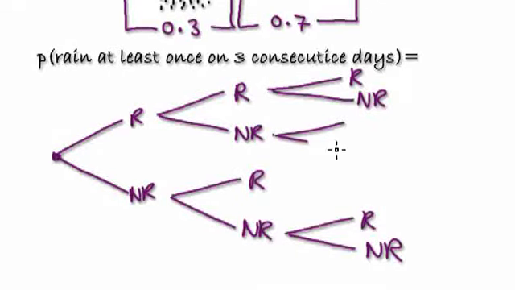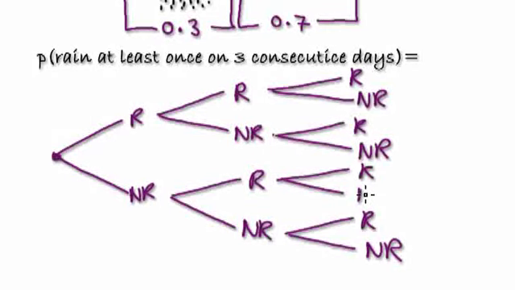On the third day, it could either rain or not rain. Okay, let's go back to the beginning. Let's say it doesn't rain on the first day, it rained on the second. And then on your third day, it could rain or not rain. So again here, this is a map of all the things that could happen. You have in effect just drawn a map of all the things that could happen.